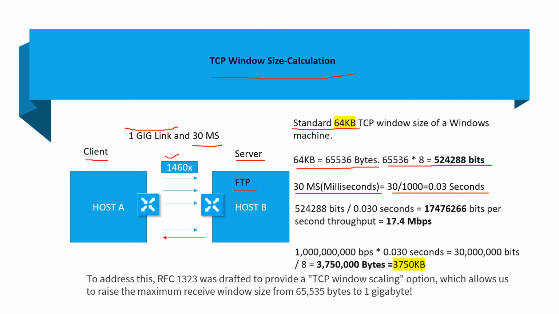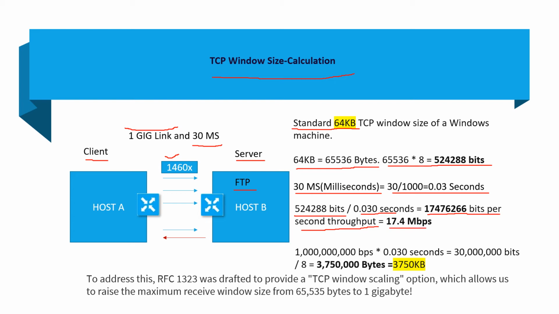Now let's talk about the throughput. It is going to be bandwidth bits divided by seconds. It means 17476266 bits per second is going to be the maximum throughput.